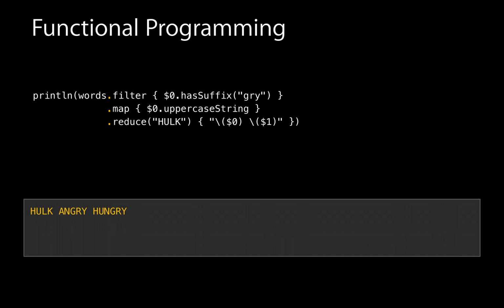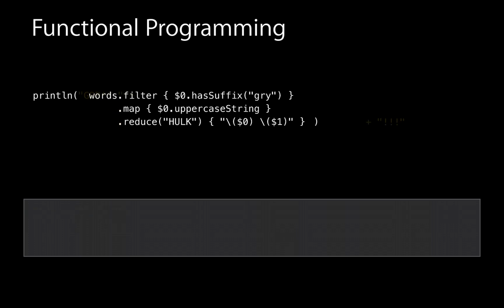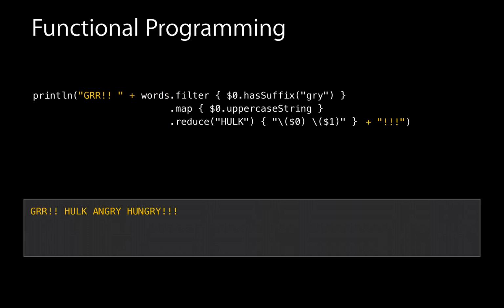Even if we're using trailing closure syntax, we can just chain method invocations using dot, like this. And because it's a single expression, we can even include it in a yet larger expression and include a lot of complex logic in a very small amount of code. It's an extremely expressive way to build up your logic, even for code that doesn't involve Hulk.